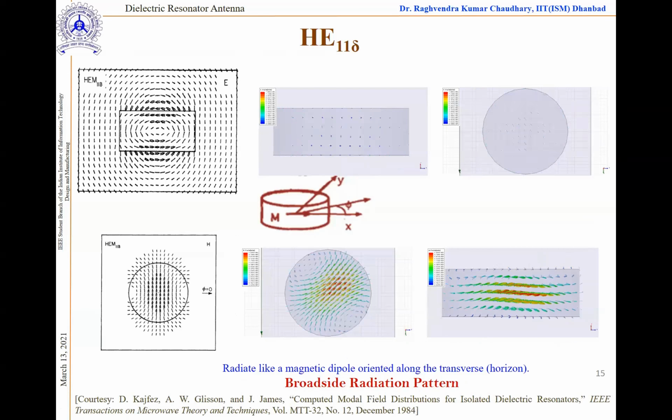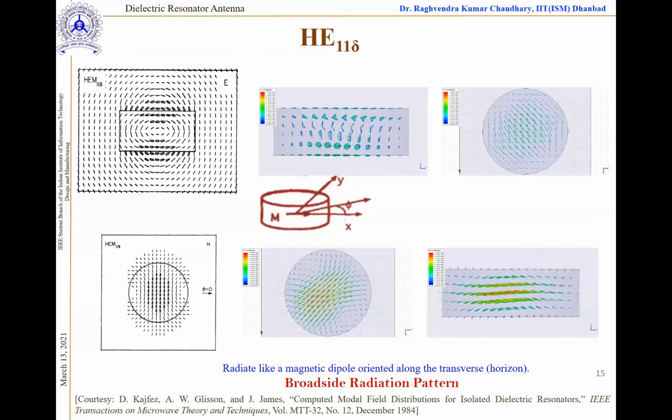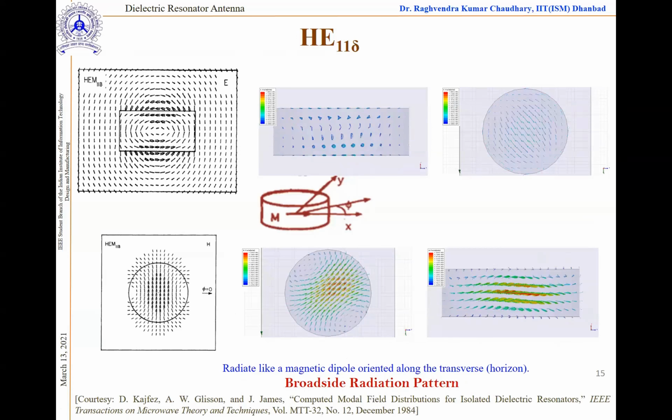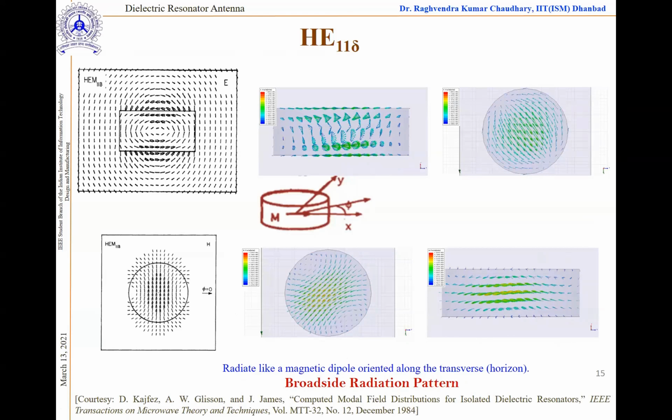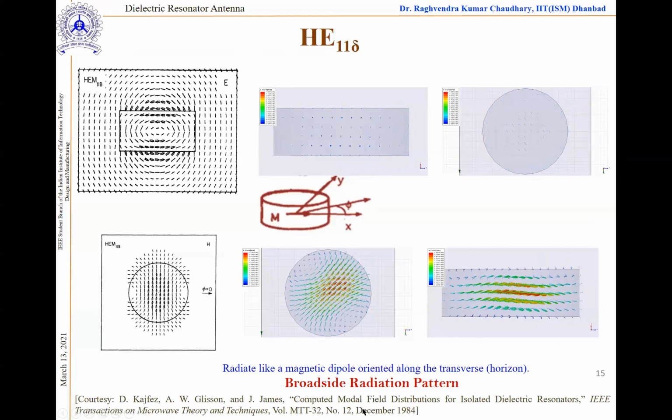Similarly, we did it for the HE11δ mode also, and all the simulation work I did in eigenmode analysis. Please take care, this is not a driven model, this is eigenmode analysis. So it will provide you the broadside radiation pattern as well.